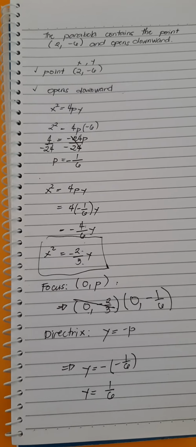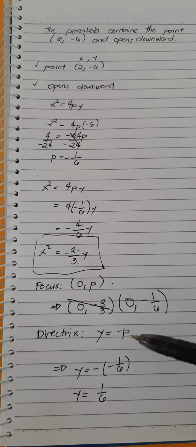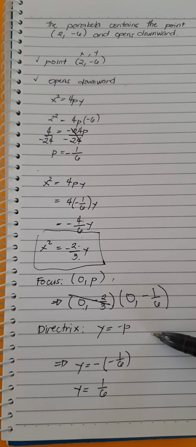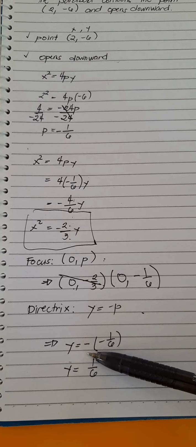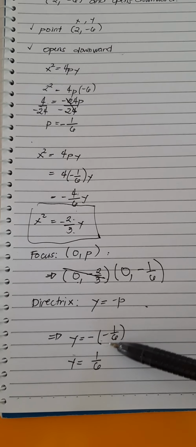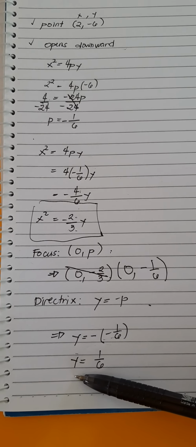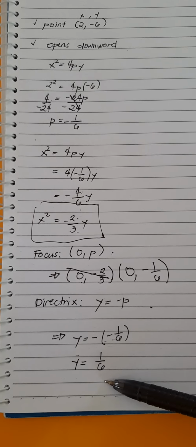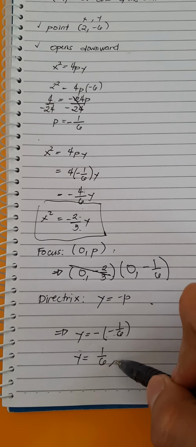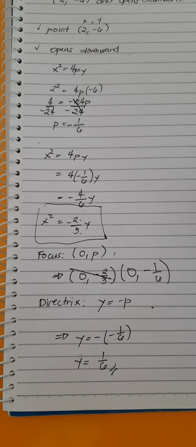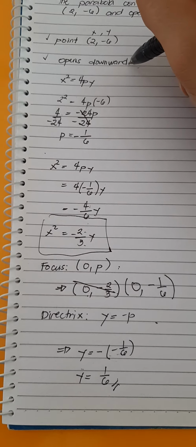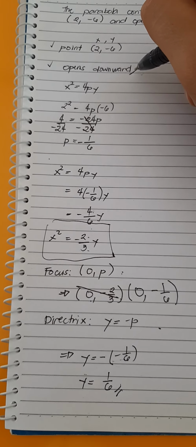Next, for the equation of the directrix, the format is y equals negative p. So it follows that y equals negative times negative 1 over 6. So negative times negative is positive. So the answer is y equals positive 1 over 6. So this is now the equation of the directrix. And take note, the graph opens downward. So we have the graph of the previous example.